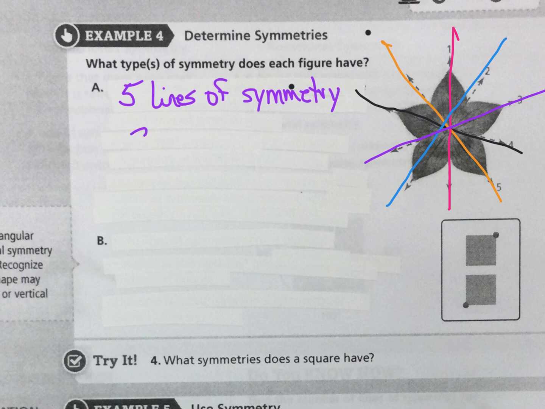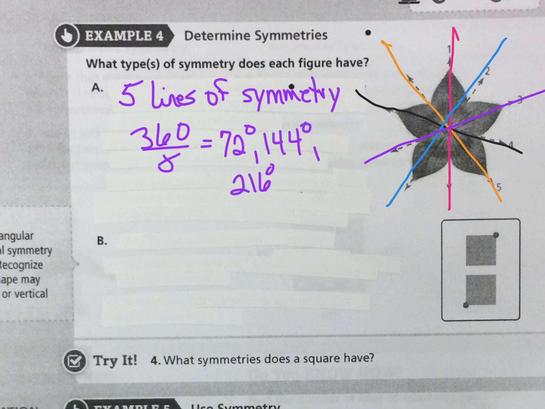And then I would say 360 divided by 5 gives me 72 rotational symmetry, 144. And then add 72, 216, and 288. So I add 72 to this until I get to 360, and then I stop.